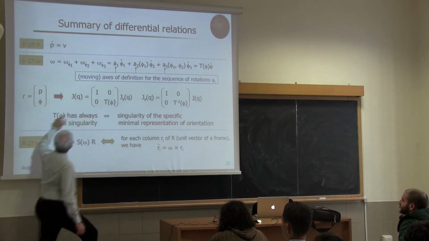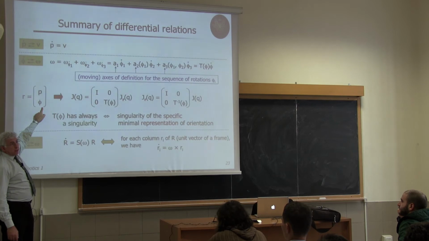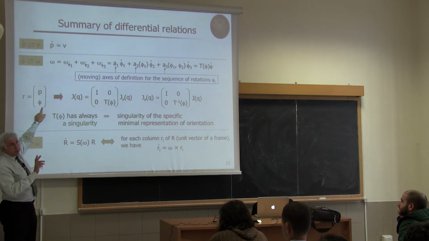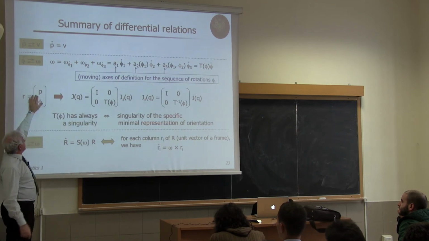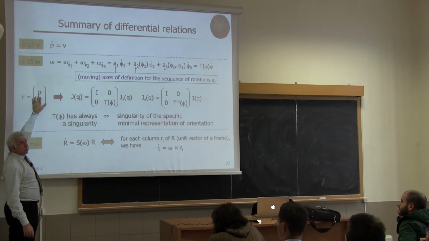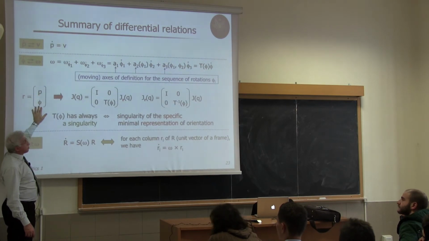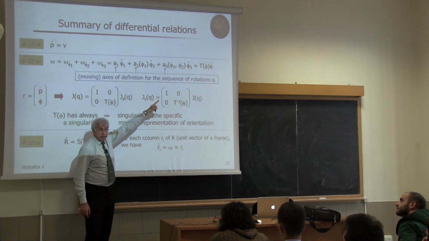So if we are taking as task vector exactly p and phi, and this is the only case in which we can compare the analytic and the geometric Jacobian. Why? Because the top part of this, if I differentiate, is the linear velocity, and the bottom part, phi dot, is connected to omega by that relation.